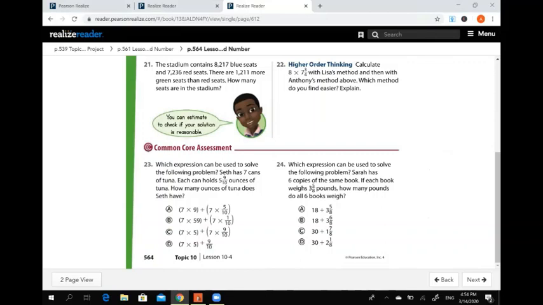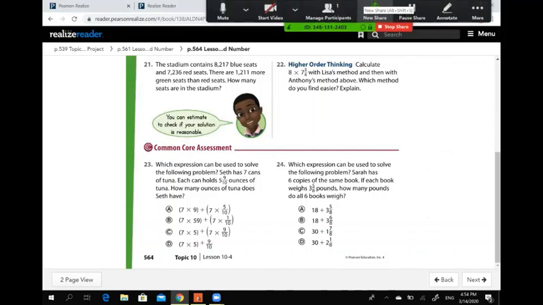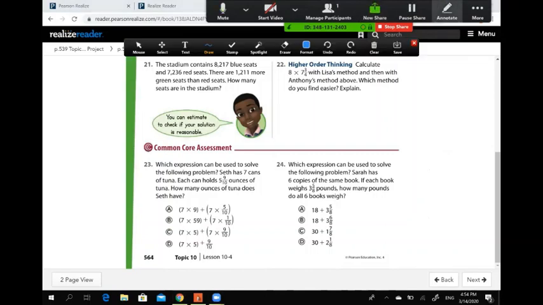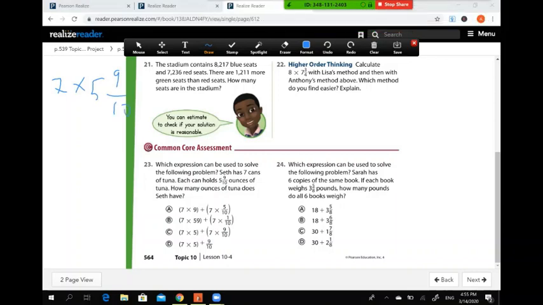So it means 7 times 9 over 10. Here he used the distributive property, as we can see. So I will multiply 7 times 5 between the brackets, then plus 7 times 9 over 10.